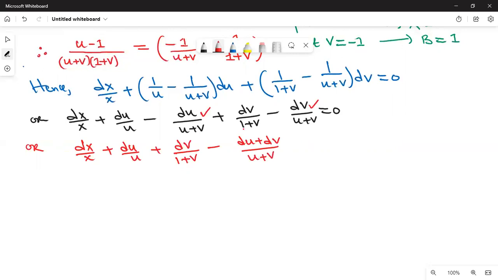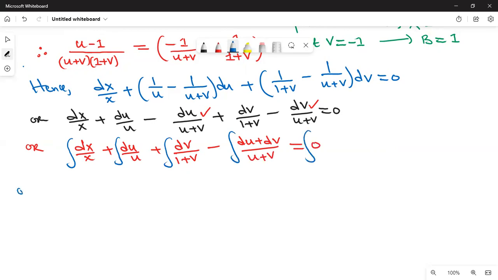I've combined those terms, the ones that I have ticked. I have combined them into one term. Now, it's now easy to integrate. Let's now introduce the integrals, integrate each term, integrate this, this, this, and this, and even the right hand side.